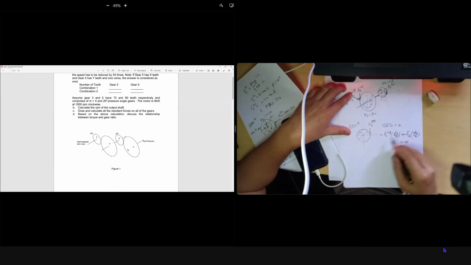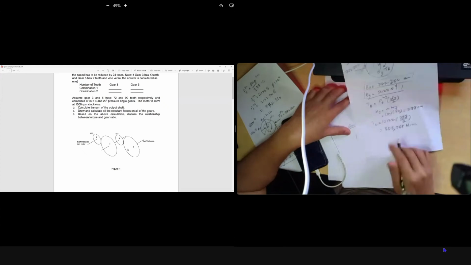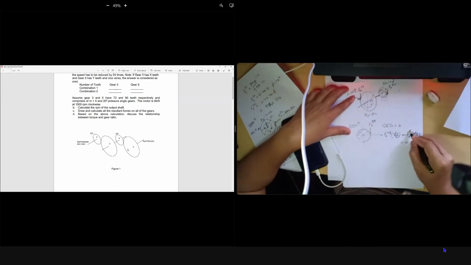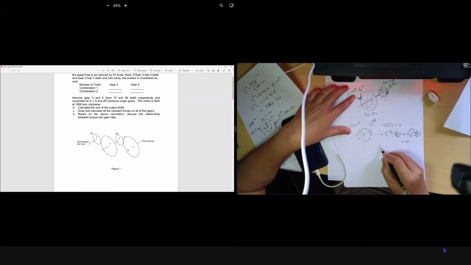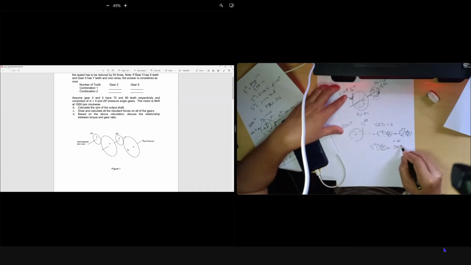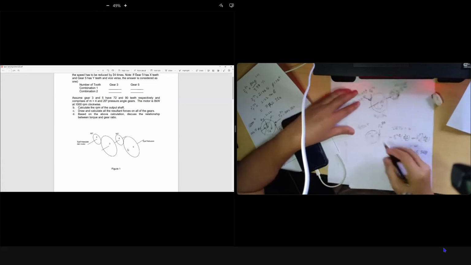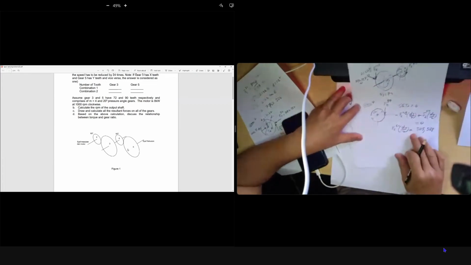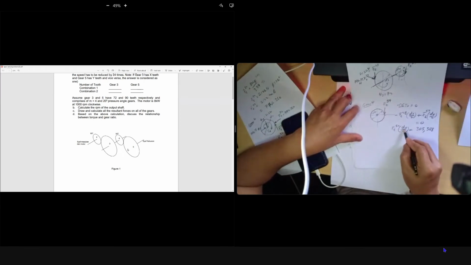But we already know the value of the torque is 305,568. So F tangent 5 to 4 times diameter of gear 4 over 2 equals 305,568. Okay, what is the diameter of gear 4? The radius is the diameter over 2. Diameter 4 is module times number of teeth 4.